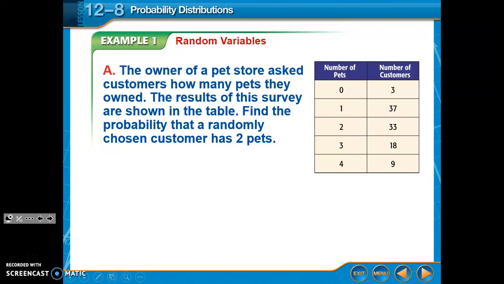So, looking at this, for the number of customers, 33 said they have 2 pets. So we're going to have 33 out of the whole amount. To find the whole amount, we want to add all of them up.